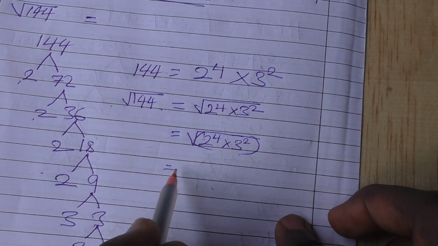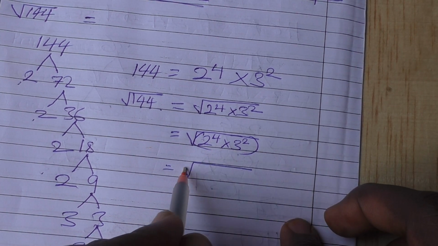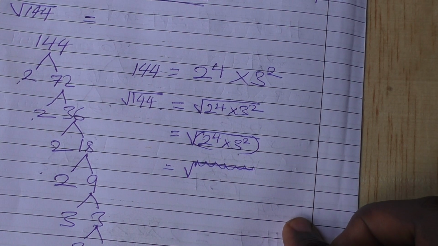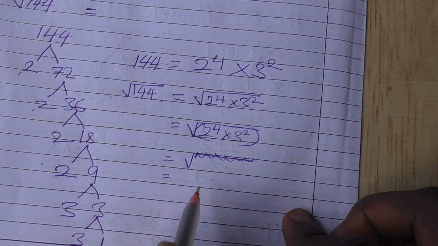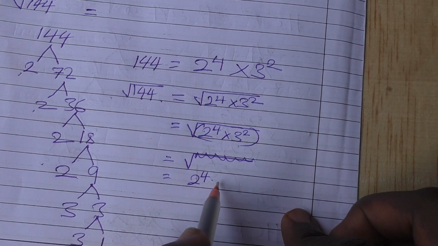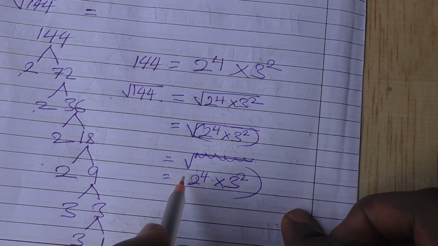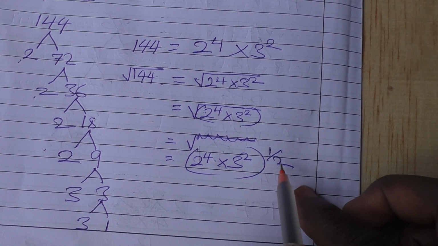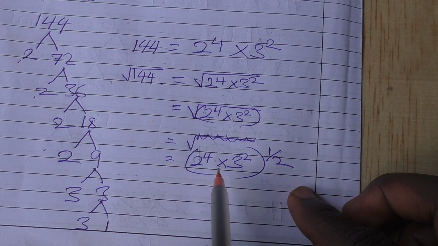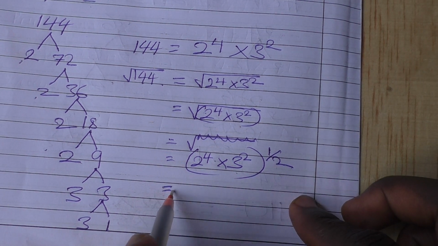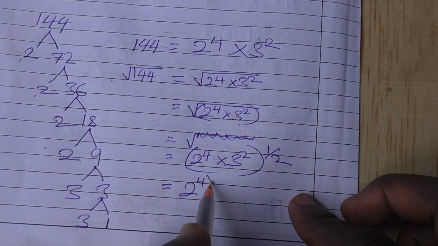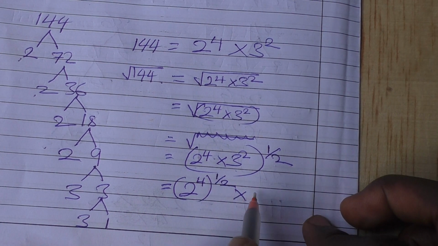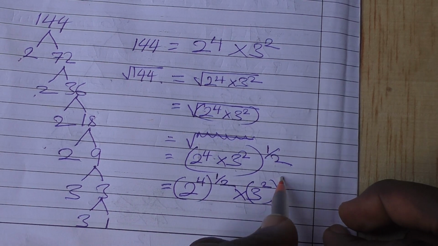Literally, this time let us replace the square root with our power, which is 2 to the power 4 times 3 to the power 2, all to the power a half. And now this power multiplies every number, giving us 2 to the power 4 to the power a half times 3 to the power 2 to the power a half.